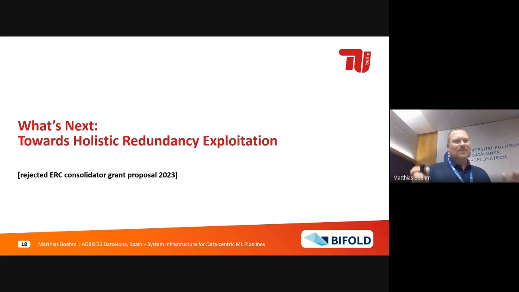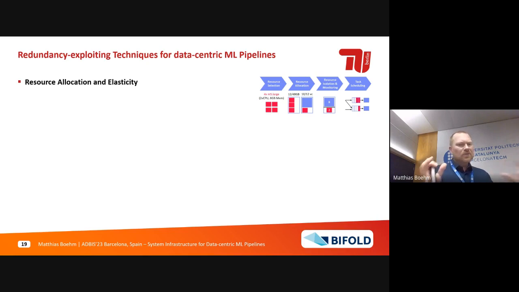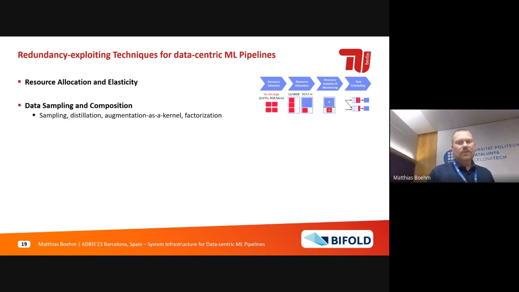All right, so we call this project Lorien, and the first motivation for that is there is a variety of redundancy exploiting techniques for data-centric ML pipelines, including resource allocation and elasticity, so not over-allocating in a cloud environment for a particular workload. Second, data sampling and composition. Some of you might have heard of core sets.